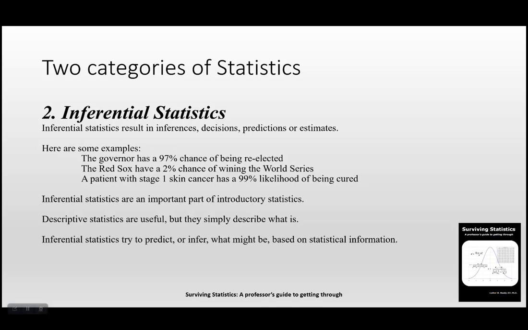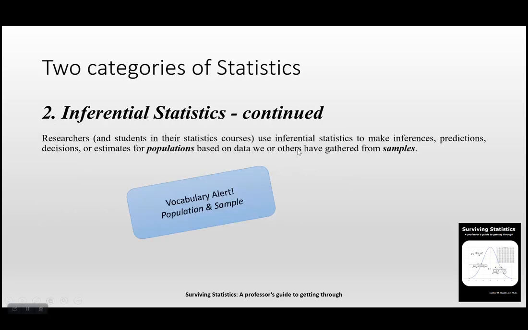And so inferential statistics are very, very important for the introductory statistics class that you're likely taking here. Descriptive statistics help us describe it, but inferential statistics help us predict what might be based on the statistical information that we get from our raw data. So again, inferential statistics is important because researchers and also students in statistics courses, and also students that are preparing for advanced degrees, master's degrees, and even bachelor's degrees and PhDs, will make inferences based on statistical analysis, and they're going to do that trying to estimate for a population.